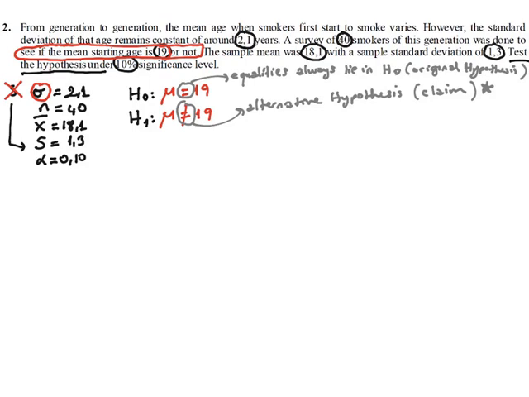So we constructed the hypothesis, but what is 19 in here? We name it as mu 0. We will use it later. So mu 0 is 19. Now we constructed the hypothesis and we need to solve it.